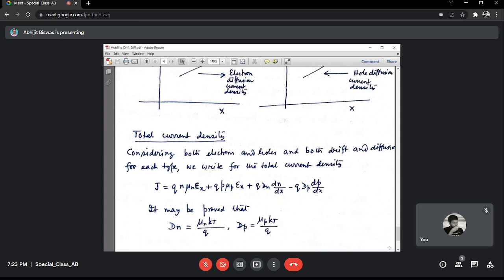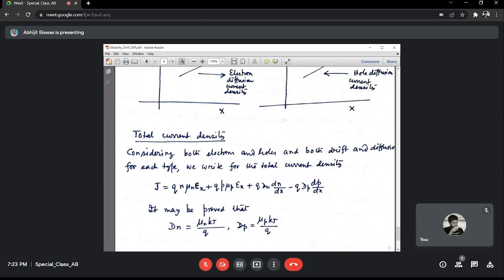So in a semiconductor, we know that there are two free charge carriers. One is electron, another is hole, and there are two mechanisms of current flow, one is diffusion, another is drift. So if we combine all the combinations, we get four components.